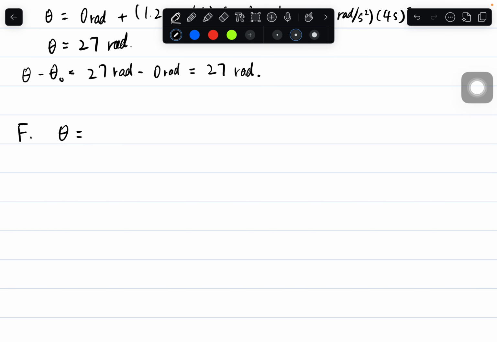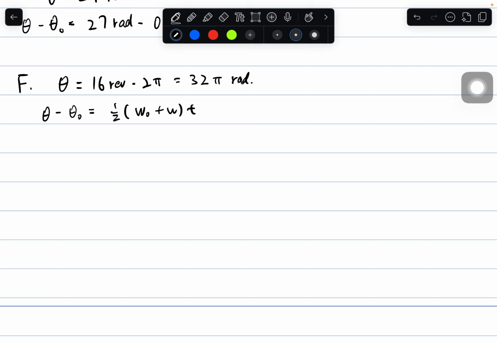So θ equals 16 revolutions times 2 pi, which is 32 pi rad. And we use the formula θ − θ0 = 1/2 (ω0 + ω) times time.